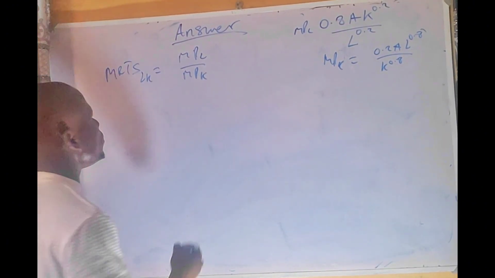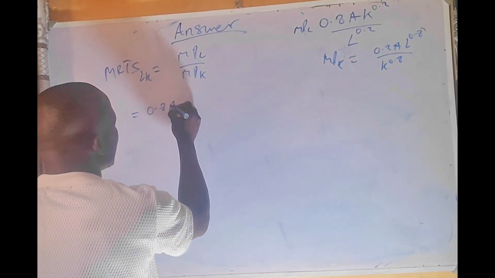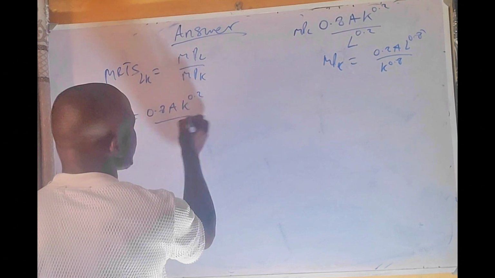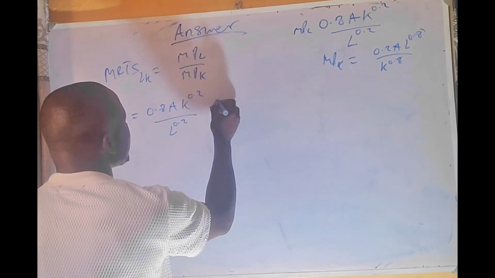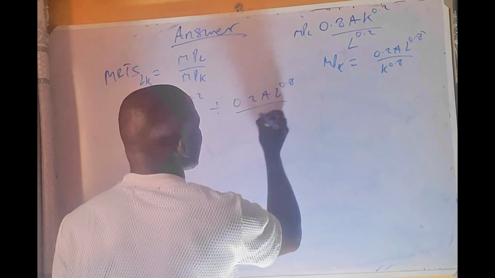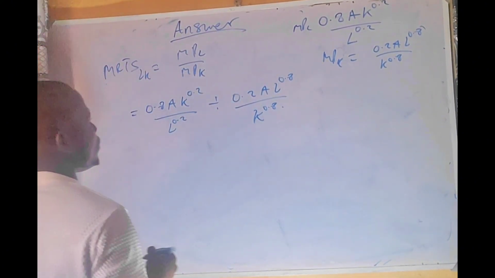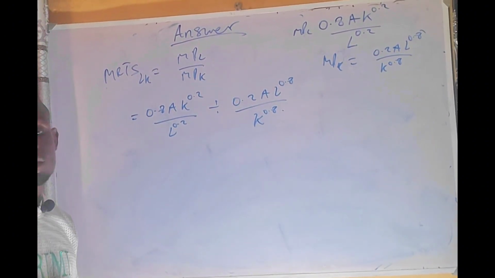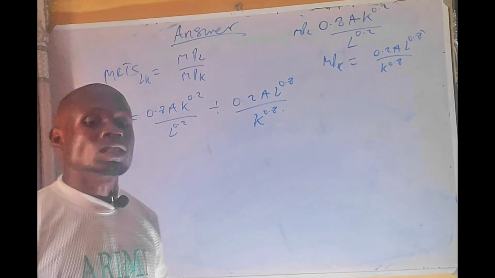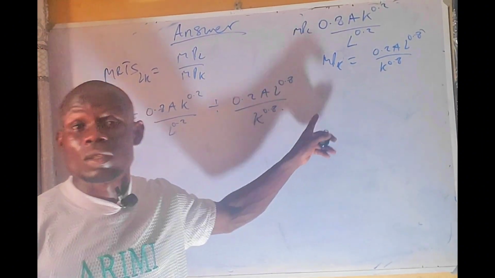So what we simply do from here is divide it, that is 0.8 A K^0.2 all over L^0.2, divided by 0.2 A L^0.8 all over K^0.8. By our knowledge of fractions, we change this division sign to multiplication, with the reciprocal.